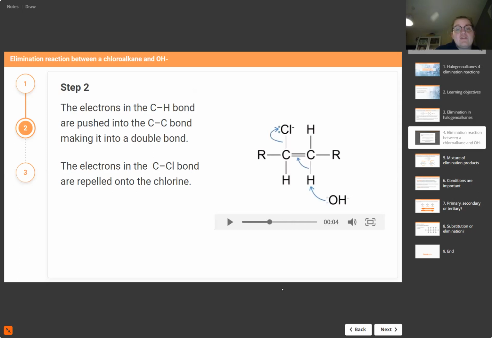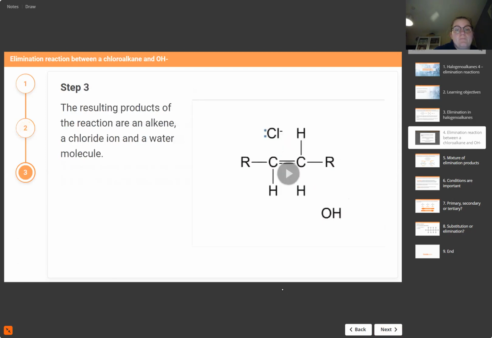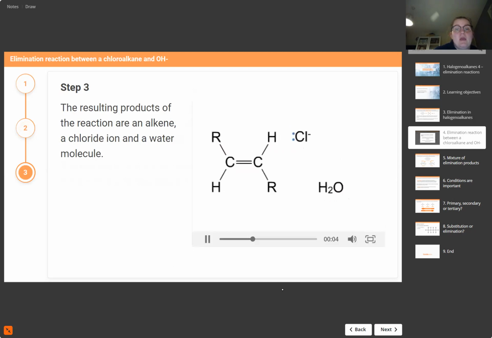And the electrons in the carbon-chlorine bond are repelled onto the chlorine, so that is still occurring as well. So the resulting products of the reaction are an alkene, a chloride ion, and a water molecule.